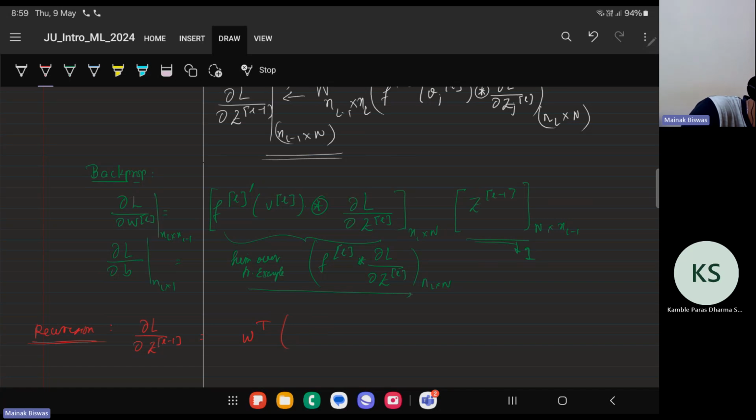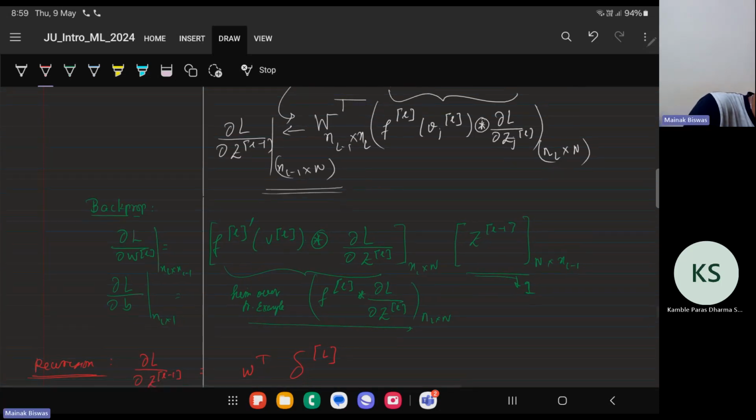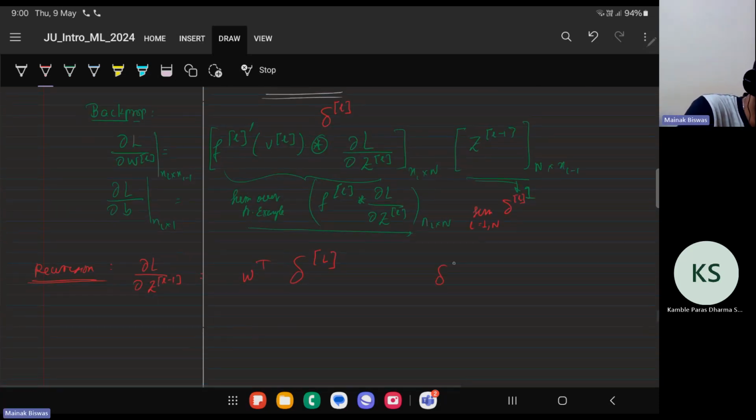So if you write it in terms of the local gradient, you can simply write this as delta L, the sum of the local gradient, and delta L is defined as the Hadamard product with dL dZL.